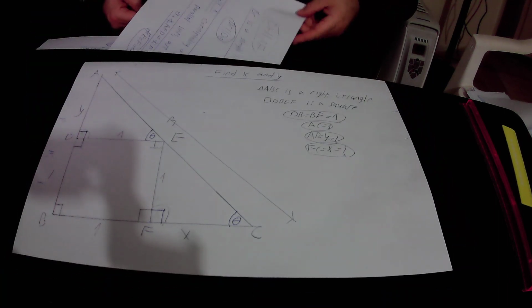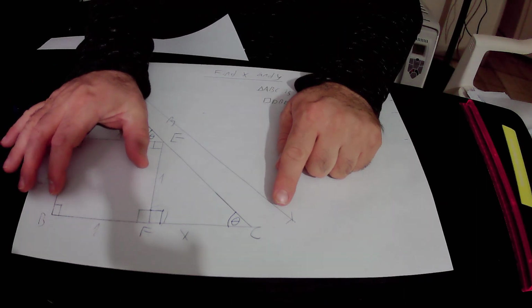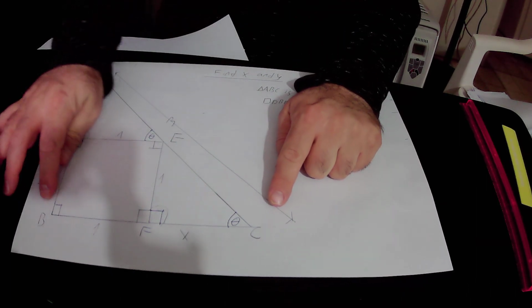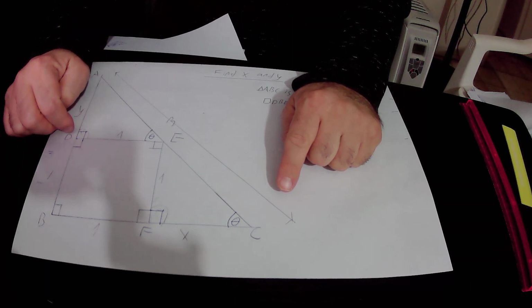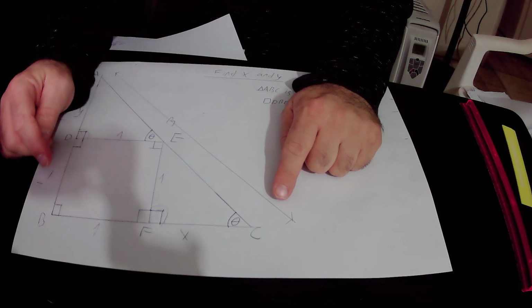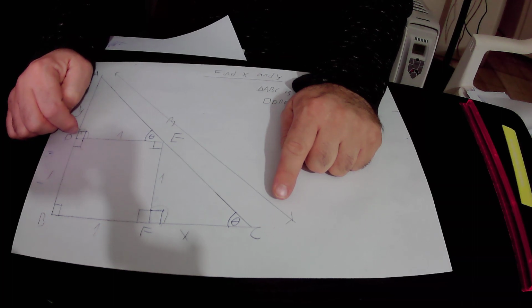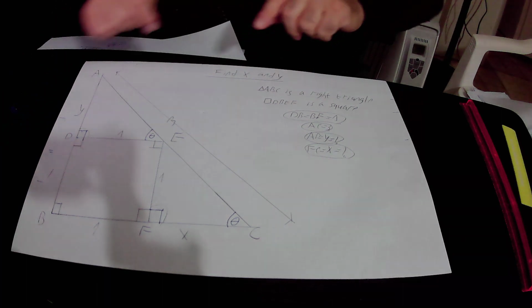BF is part of BC and is parallel to DE. So we know that part of the straight line BC is parallel to DE, therefore the straight line itself, BC, must be also parallel to DE.